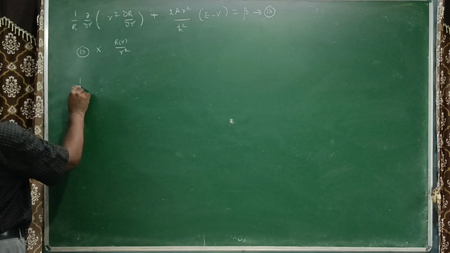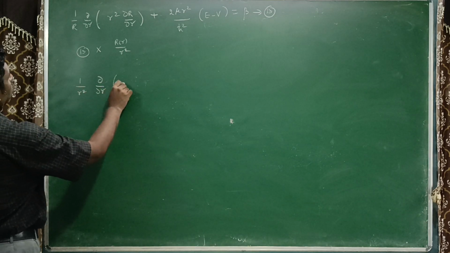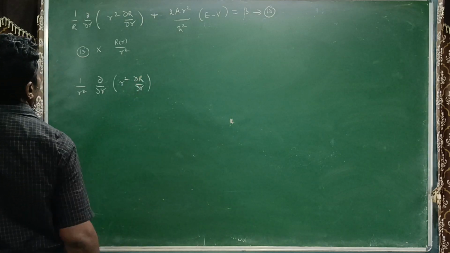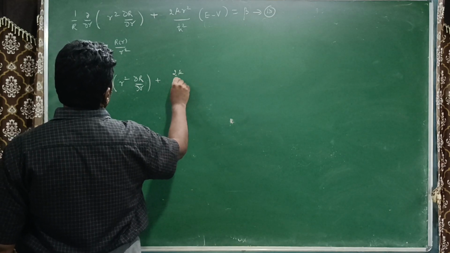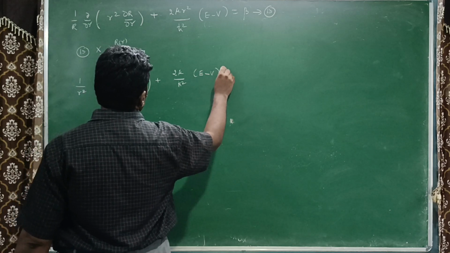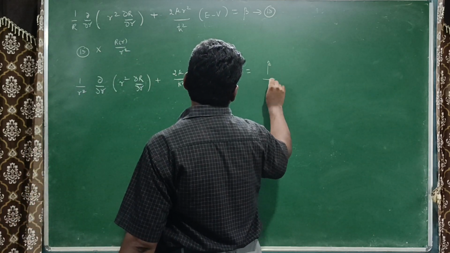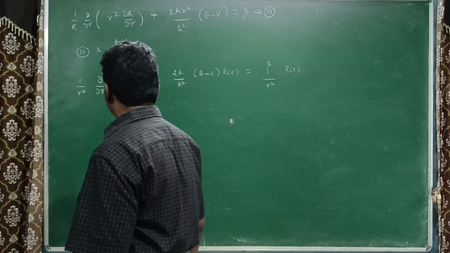So the first term is 1 by r square dou by dou r of r square dou capital R by dou small r, plus 2 mu by h cross square E minus V into R of r is equal to beta by r square into R of r.